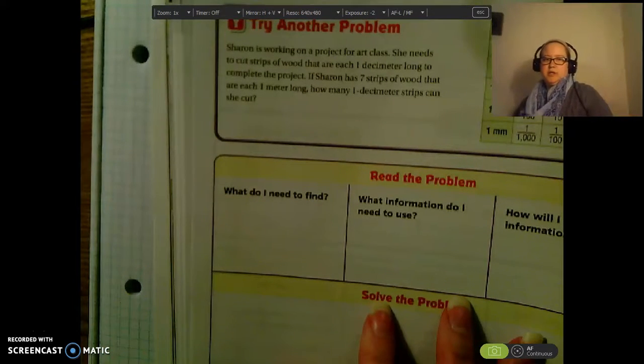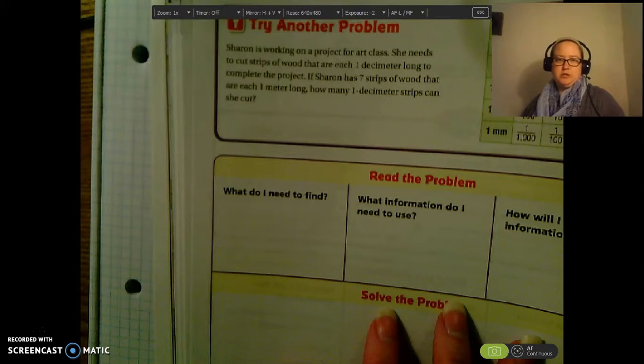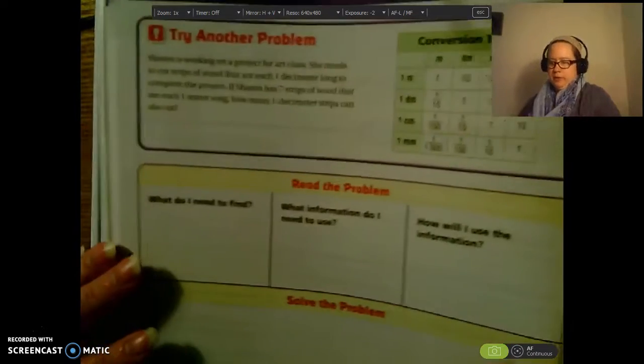Sharon is working on a project for art class. She needs to cut strips of wood that are each 1 decimeter long to complete the project. If Sharon has 7 strips of wood that are each 1 meter long, how many 1 decimeter strips can she cut? So again, we look here.